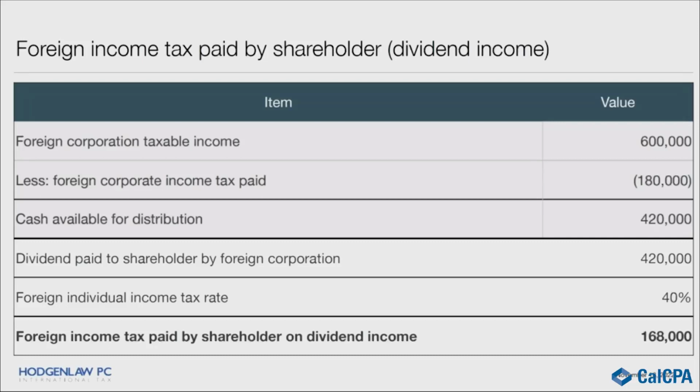So let's decant that out to the shareholder: $420,000 dividend, foreign individual income tax rate 40%. Again, picked for easy math. You can do it in your head and mostly get it right if you're me. And the foreign income tax paid by the shareholder, the individual, on that dividend income is $168,000. So far, this little structure has paid $180,000 by way of corporate income tax to the foreign country and $168,000 in individual income tax to the foreign country.